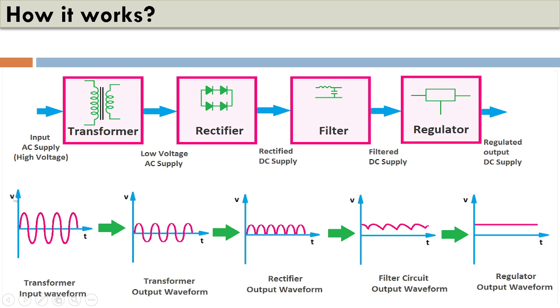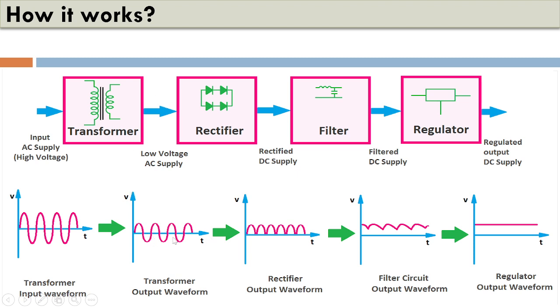Now when we step down the transformer voltage, you have to remember one thing: the input is also AC as well as the output. So here you are stepping down the voltage, nothing else, but the energy remains constant. That means the power inside here and the power inside here remains constant.